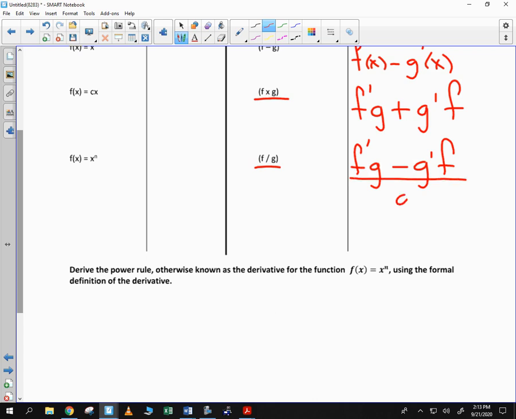But then it's all divided by g squared, so the original function squared. If you want to see the proof for those, I can show you. They're really cool, but I don't know if you'll reach out and ask that. So let's get an idea for exactly what that looks like.